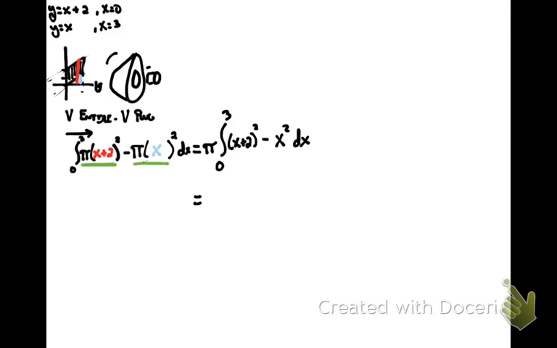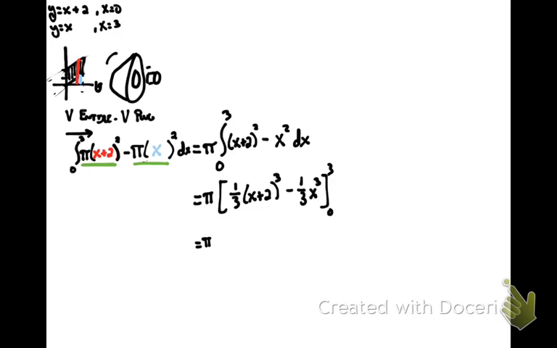The integral of (x plus 2) squared is 1/3 (x plus 2) cubed. The integral of x squared is 1/3 x cubed, from 0 to 3.